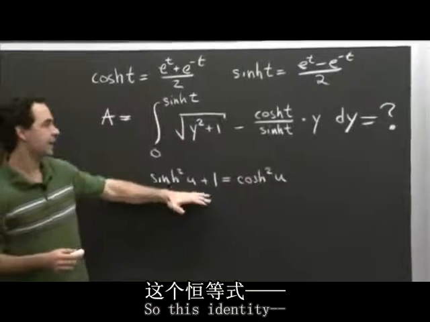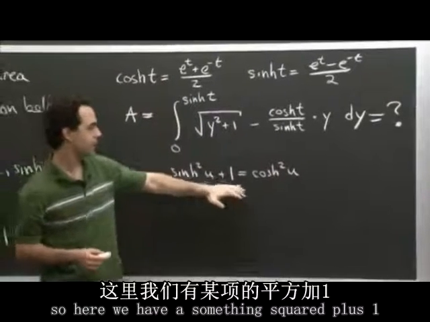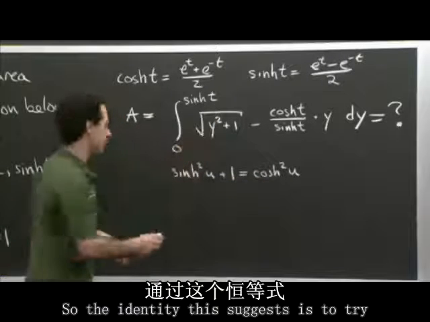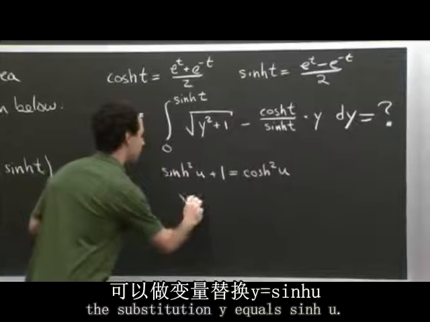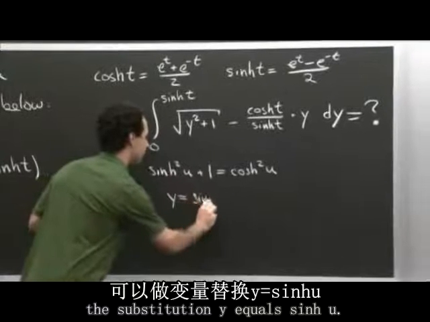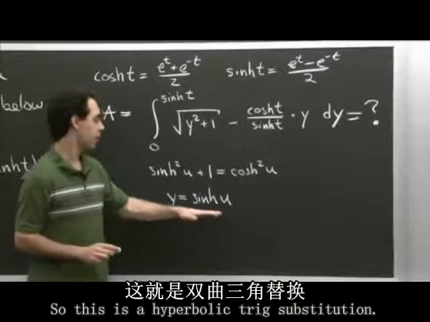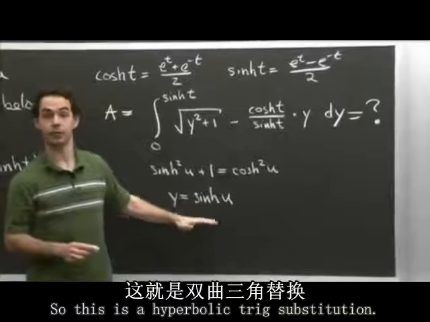So here we have something squared plus 1 equals something squared. The identity this suggests is to try the substitution y equals sinh u. All right, so this is a hyperbolic trig substitution.